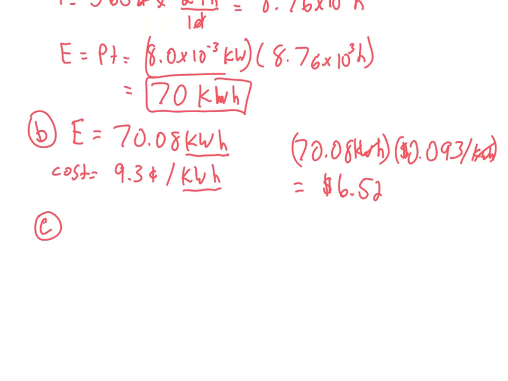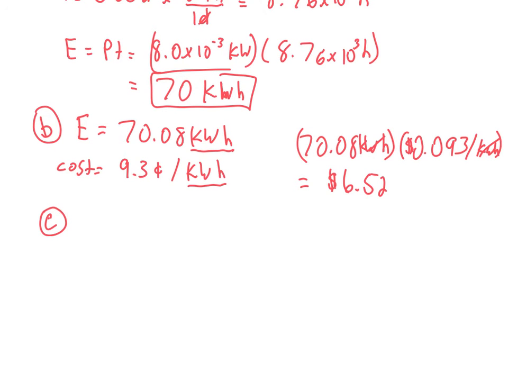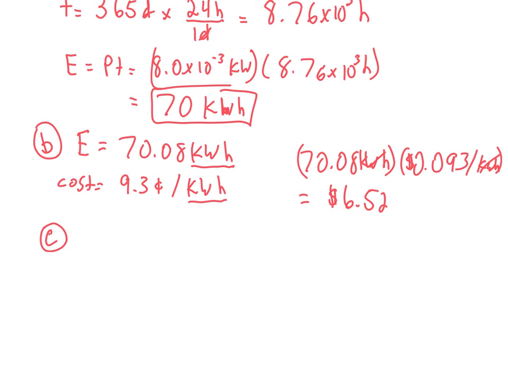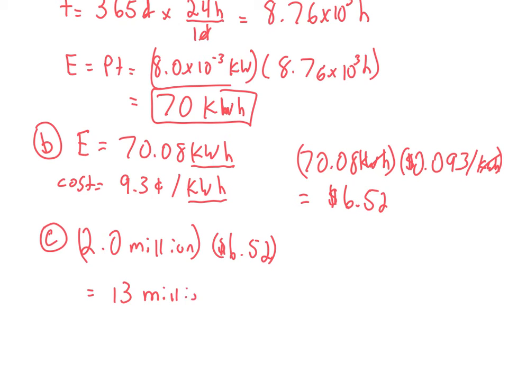So if we have 2 million devices, obviously we would just write that as 2 million, and then we're going to multiply that by $6.52. Then we get $13 million.